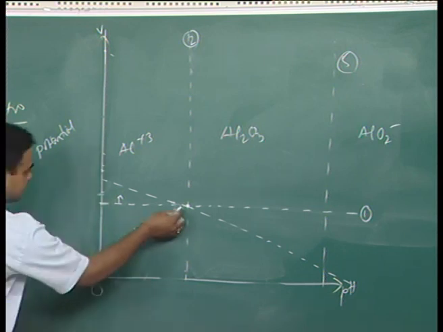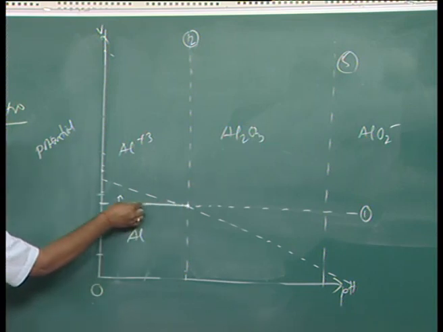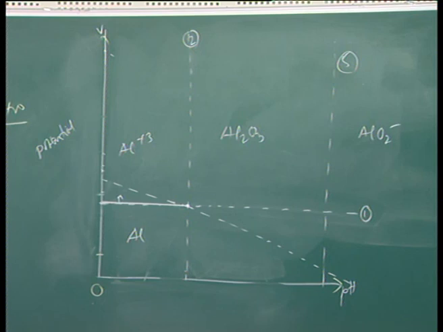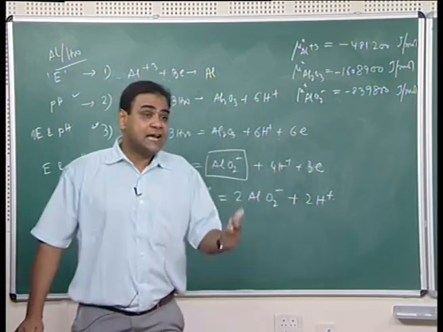Now, we can make this a solid line, just to indicate that below this line would always be aluminum, and above this line would be Al plus 3. So, now we know what is one solid line, which indicates that actually that line is present.